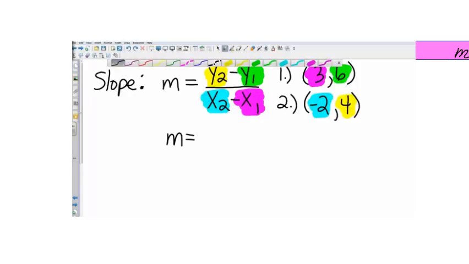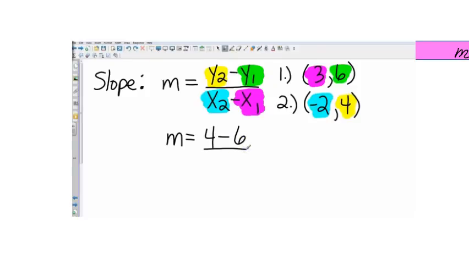So let's do some substitution. y2 is 4. I'm going to subtract y1, which is 6. x2 is negative 2. And I'm going to subtract x1, which is 3. 4 minus 6 gives me negative 2.